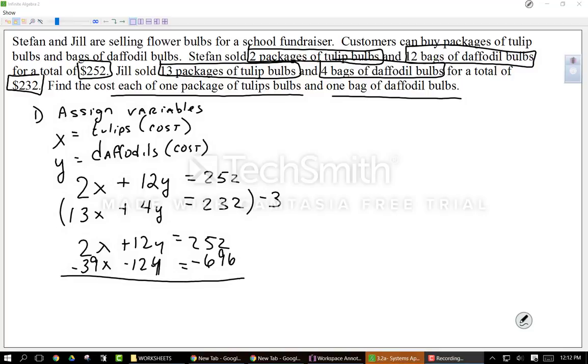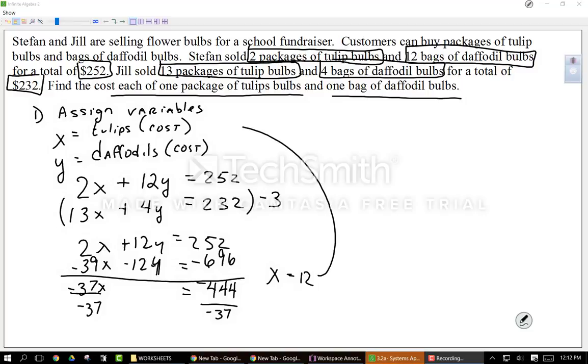Now I can add them together, so I get -37x. The y's are gone. 252 minus 696 is negative 444. To solve, I have to divide by negative 37. It's a one-step equation, and my answer is 12. So x equals 12. Well, what does x stand for?